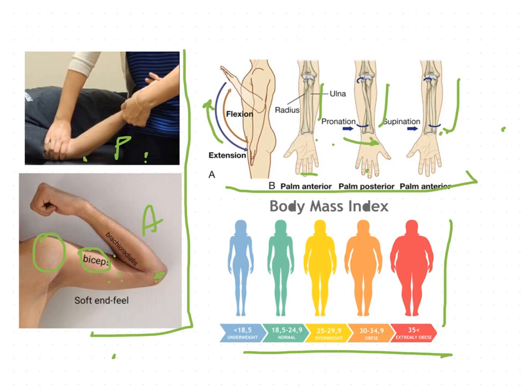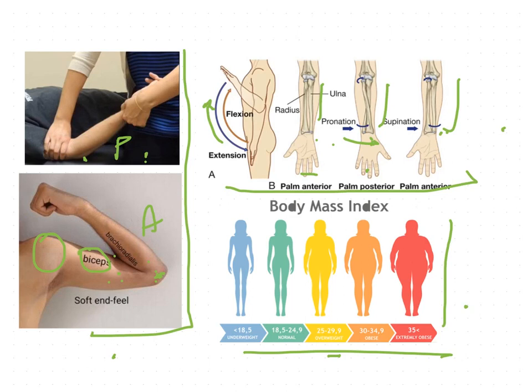Now another factor, that is the body mass index. A high body mass index, indicating overweight, has been identified as a factor limiting elbow range of motion. What do you mean by BMI?